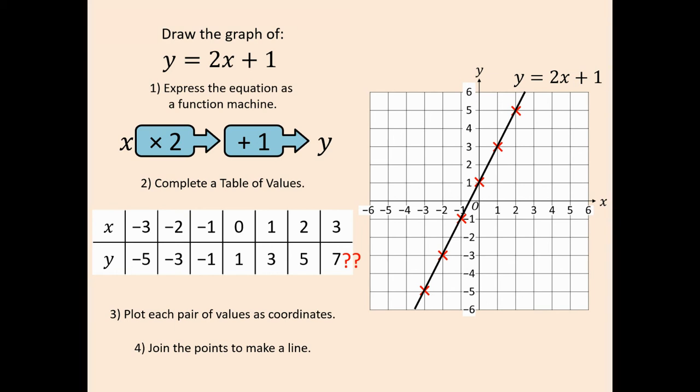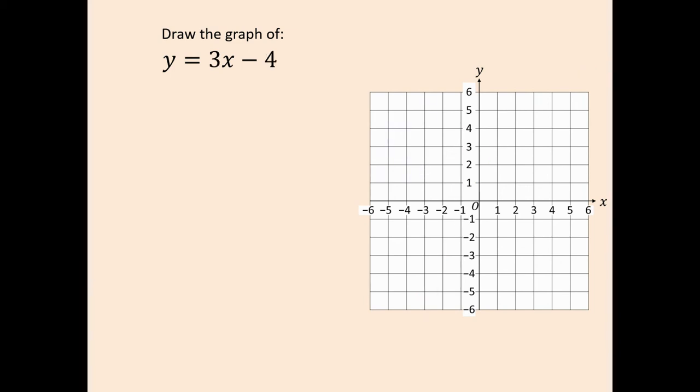So you just plot the other points that you have. So minus 3, minus 5, and you plot the other 6 points basically. That 7th point there, 3, 7, you can't plot it. It doesn't mean you're wrong. Just use the other 6 points, okay? And of course, you join the points together, and then you label the line, y is equal to 2x plus 1.